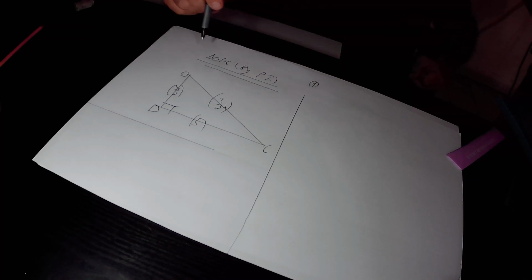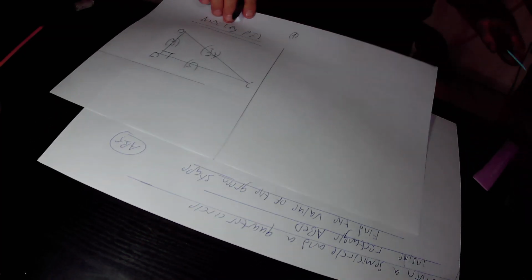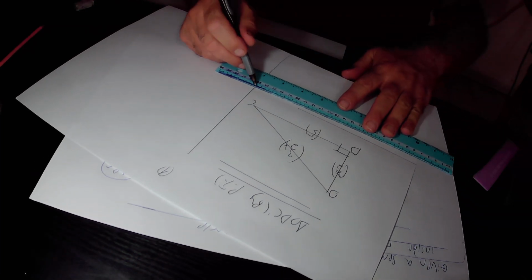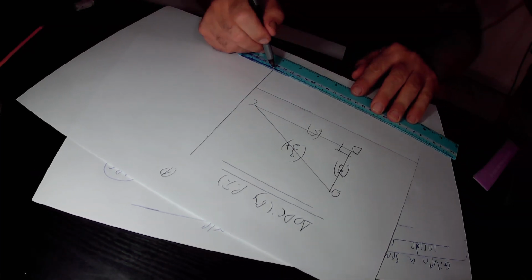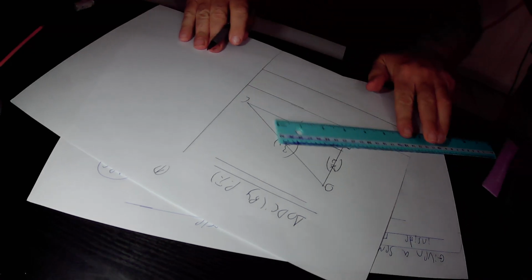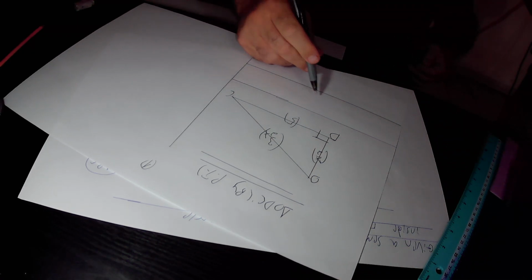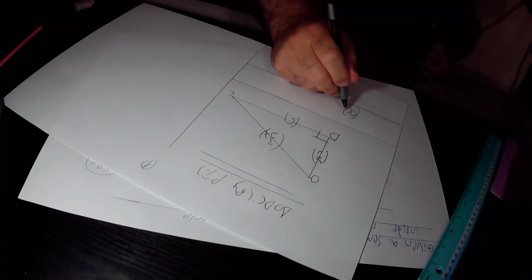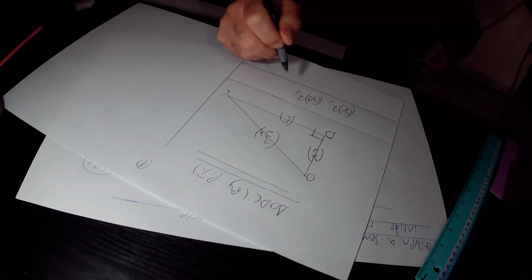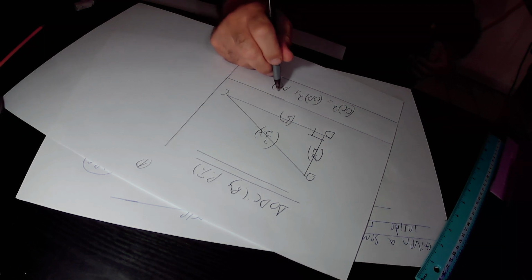So I write it down. All this OC square, that is the square of the hypotenuse, equals to OD square plus DC square.